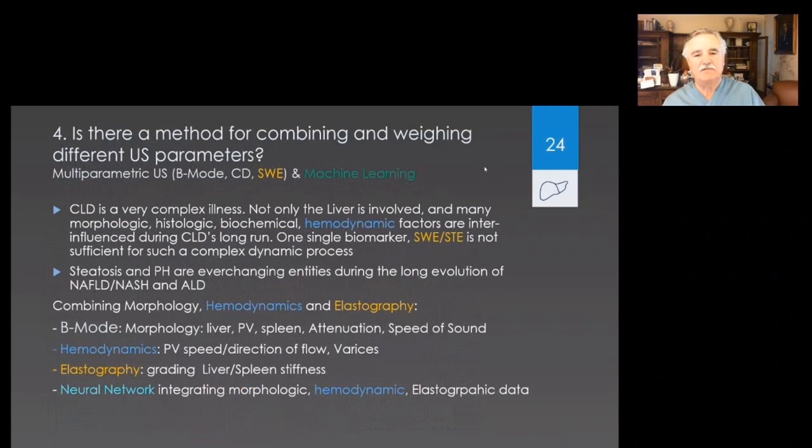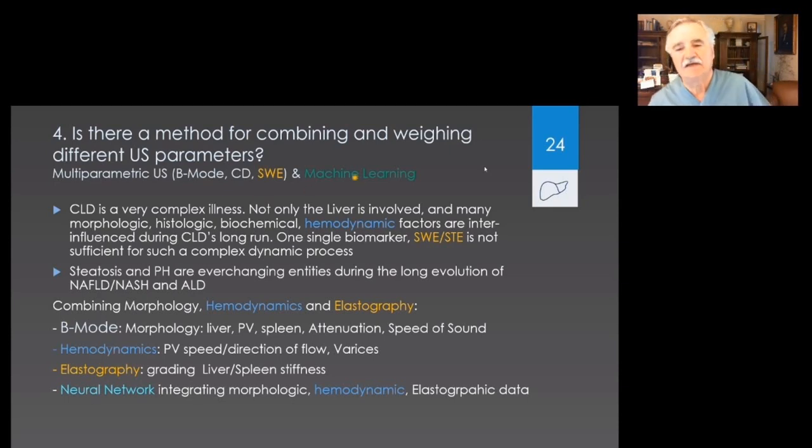Is there a method for combining and weighing different ultrasound parameters? Chronic liver disease is a very complex illness.